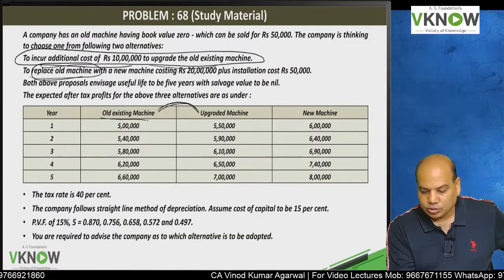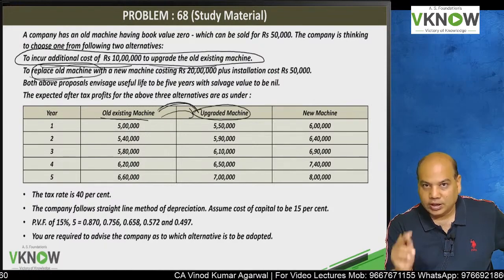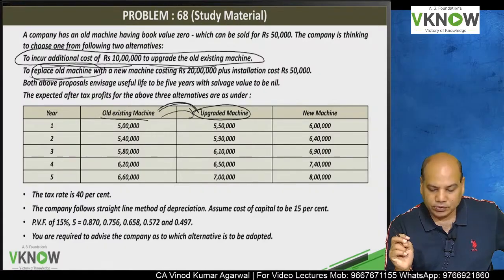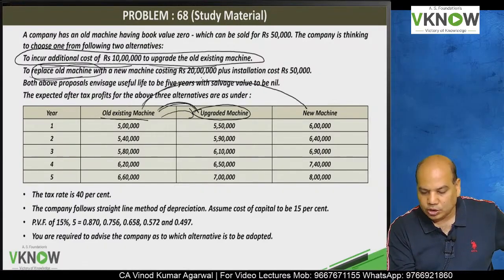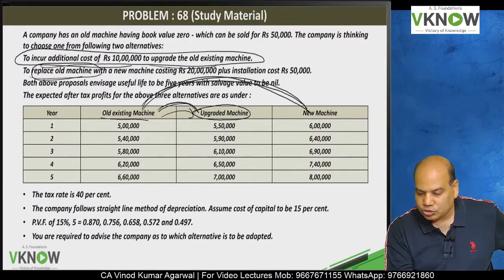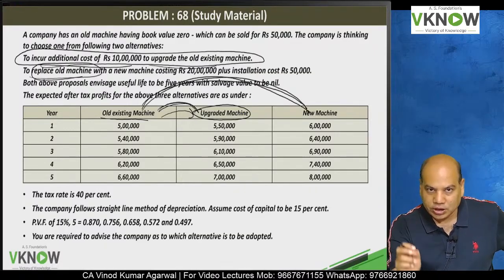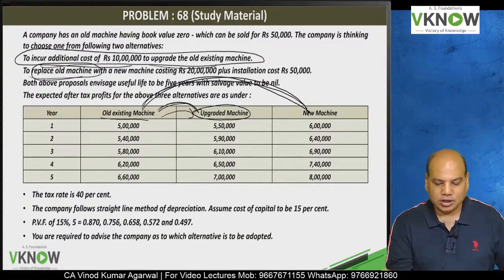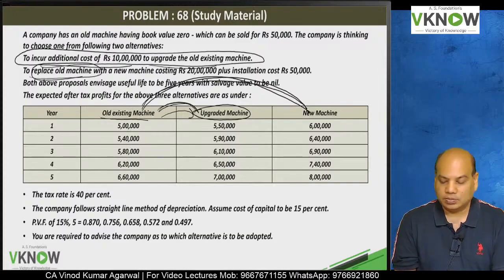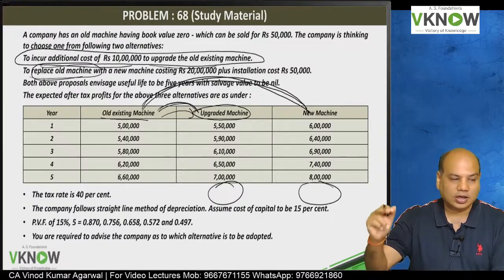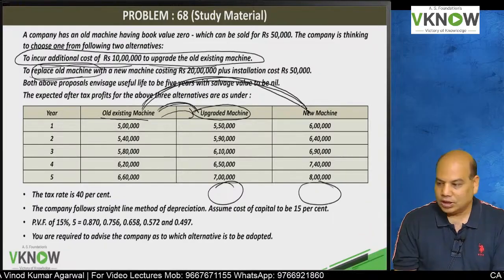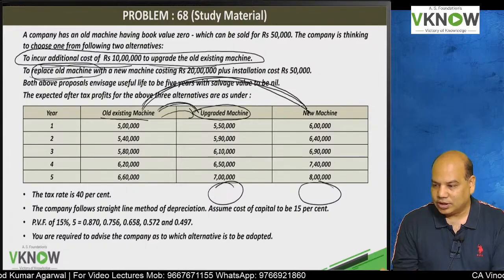If I continue with the old machine, if I upgrade to new machine, what will be my incremental CFAT and take NPV? If I replace old by new, I'll compare these two, compute incremental CFAT and get the incremental NPV. Whichever gives me higher incremental NPV, that option we are going to exercise.